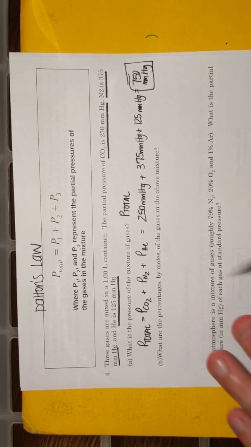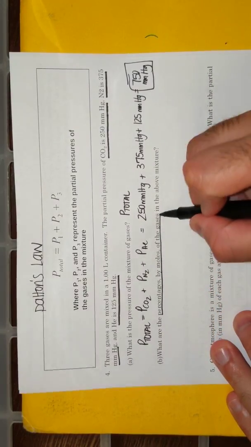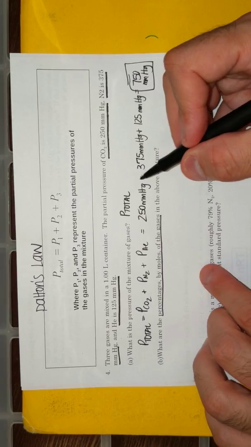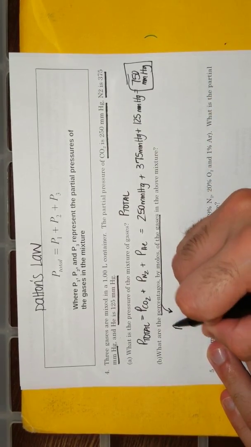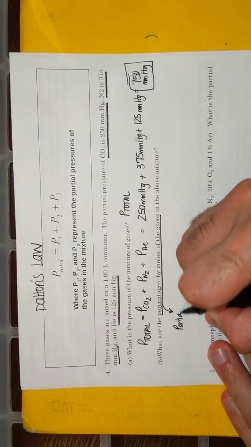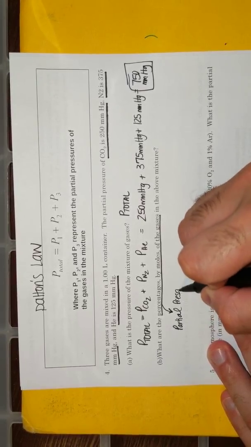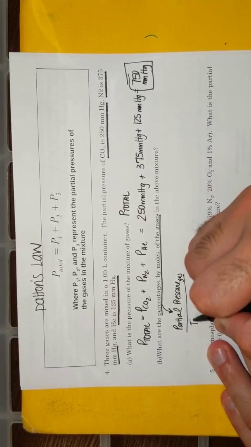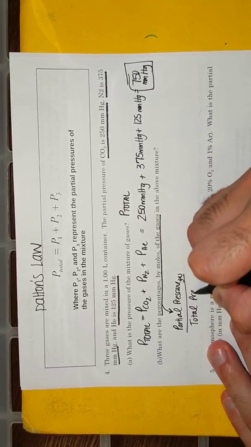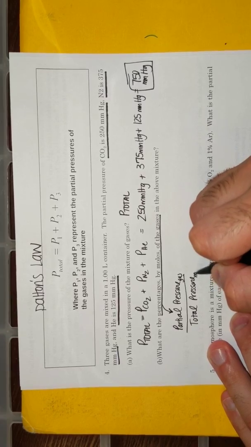Well, it wasn't really explicitly covered in class, but what it really is asking for is I could relate pressure to the number of particles. So if I really want to do this question, I could do partial pressure of the gas over the total pressure in the mixture.